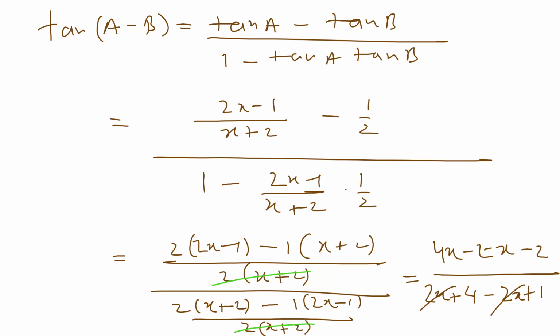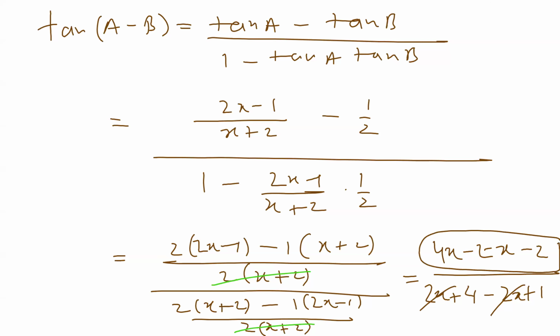So 2 into 2x minus 1 minus 1 into x plus 2, that is 4x minus 2 minus x minus 2. And down it is 2 into x plus 2 minus 1 into 2x minus 1, 2x plus 4. So the numerator is 3x minus 4. That's for sure. Not very sure of the denominator that I'm getting.